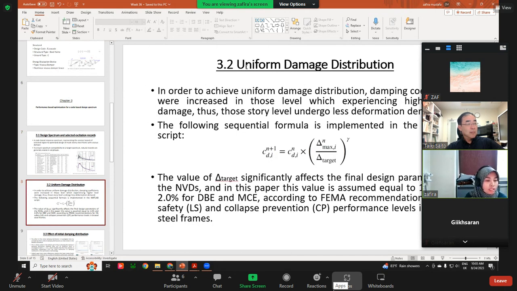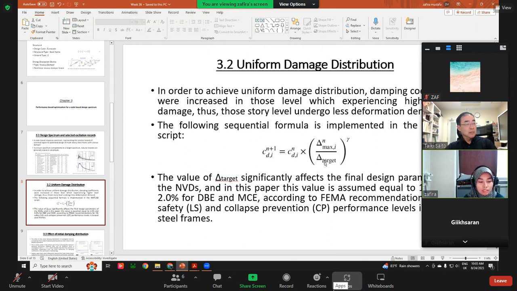The other method that he used is uniform damage distribution. In order to achieve uniform damage distribution, he optimized the damping coefficient by using this formula. Basically, C_ND_i means the current damping coefficient at that interstory of the building, times the maximum interstory drift divided by the target story drift.